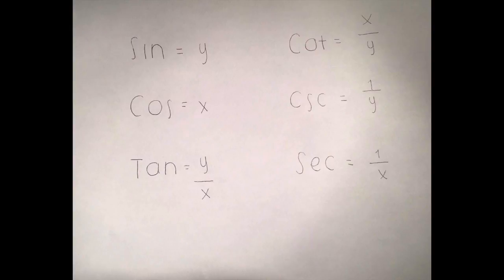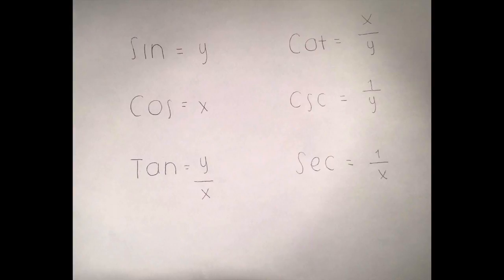Sorry. So if they ask you the sine of 60 degrees, it will be the square root of 3 over 2, because the sine is the y. If they ask you the cosine of exactly the same angle, it will be 1 over 2, because it is the x and cosine is the x.